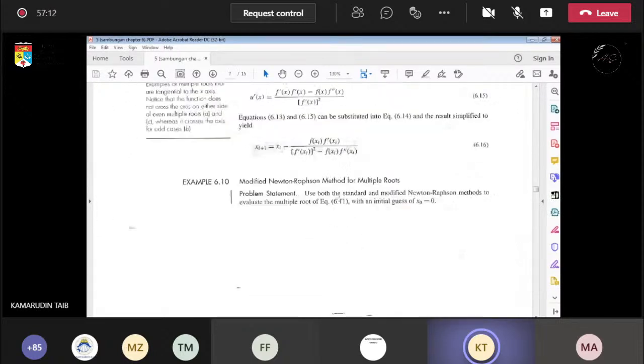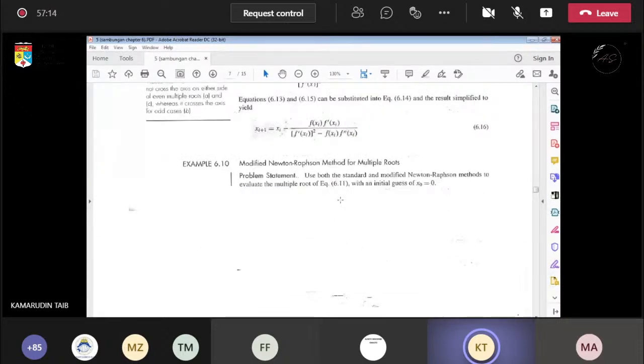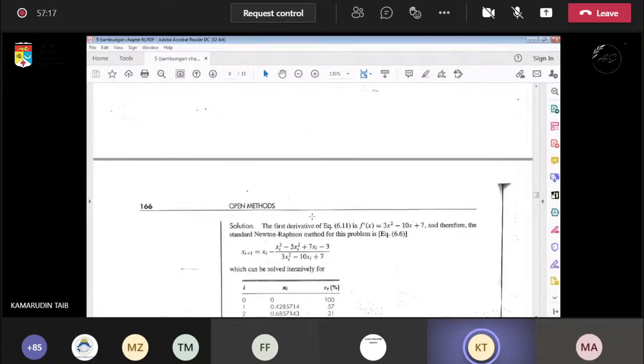So if we substitute inside this equation, then the standard Newton-Raphson equation previously mentioned in my lecture, which is, if you could still remember, the standard equation is x_(i+1) equivalent to x_i minus f(x_i) divided by f prime(x_i). Okay, so x_(i+1) equal x_i minus f(x).